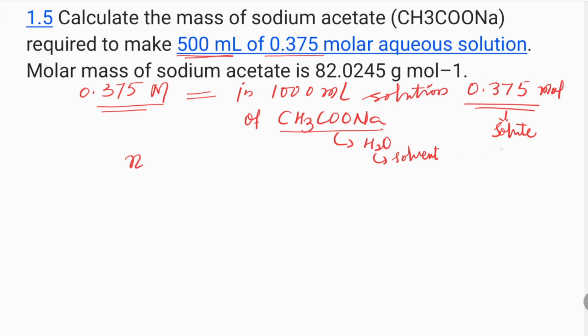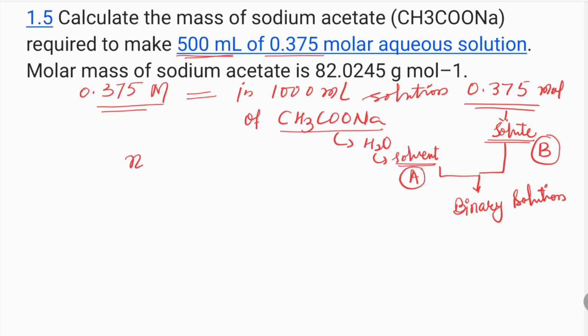So solute and solvent, there are two components of the solution. So this particular solution is called a binary solution. Binary solution means it has only two components, one is solute, one is solvent.